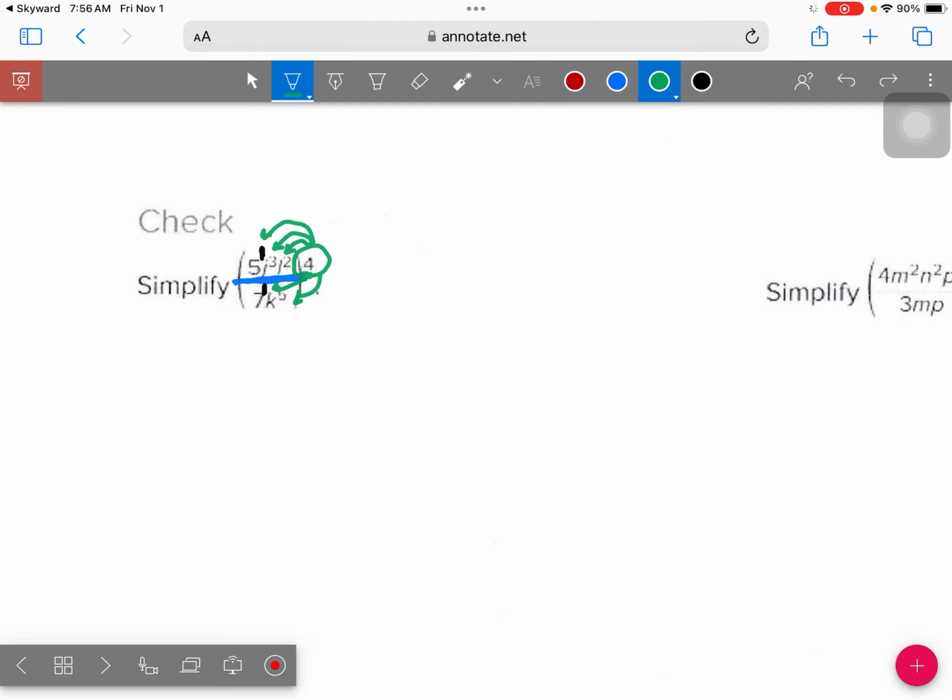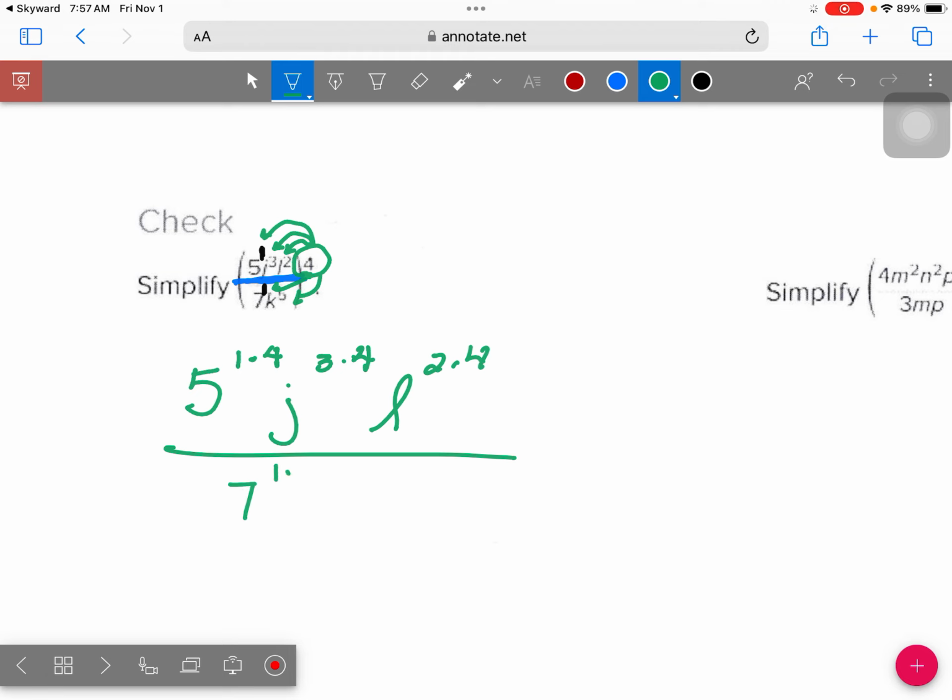So, this is going to be 5 to the 1 times 4 times j to the 3 times 4 times, is that J or I? Oh, that's an L. Rihanna. L to the 2 times 4, all divided by 7 in the denominator to the 1 times 4, and k to the 5th times 4.